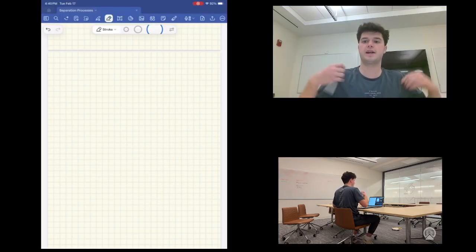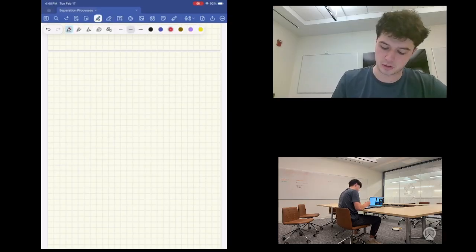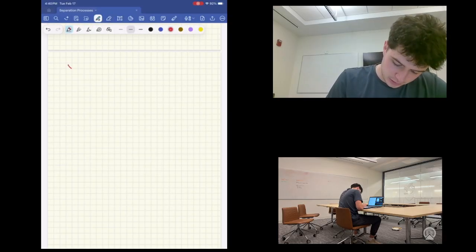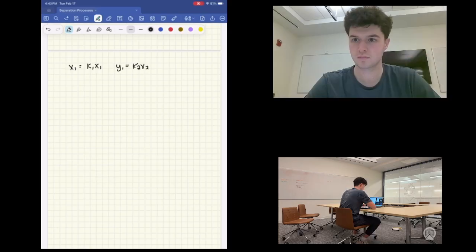So first, I got rid of the Colab view for now because I'm going to be writing for a little bit. So first, our general equations are as follows. We will have y1 equals k1 x1, and then also y2 equals k2 x2.